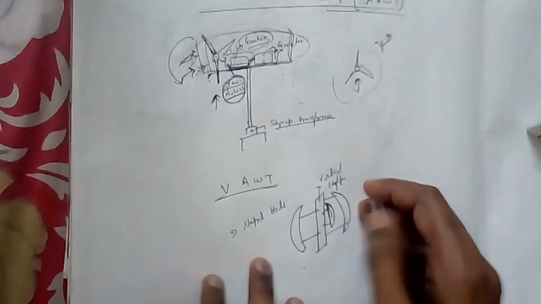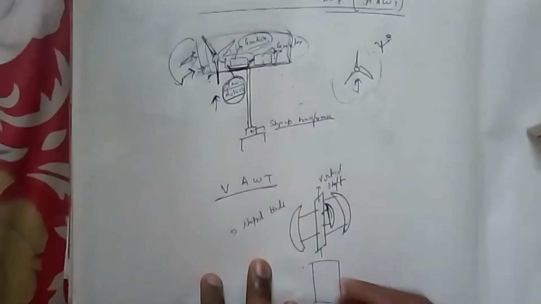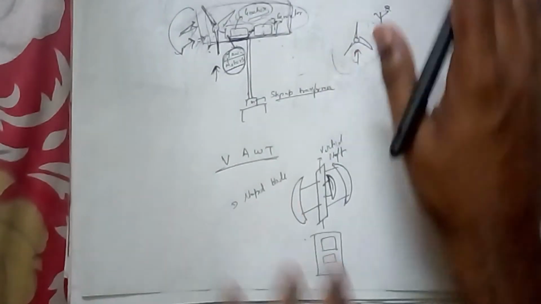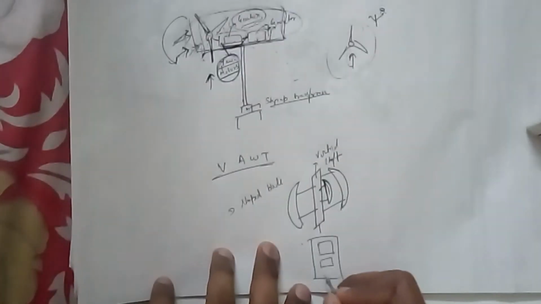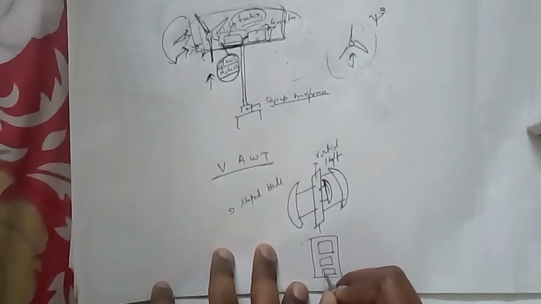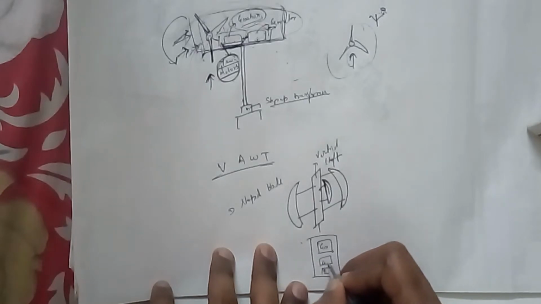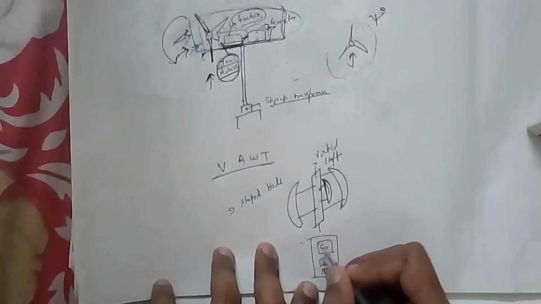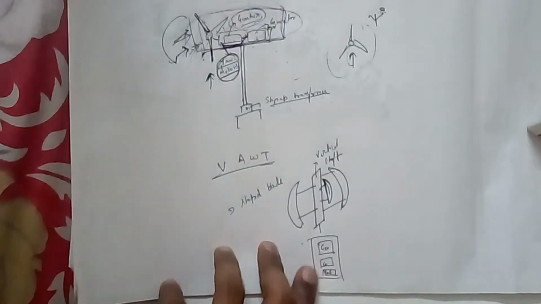This is your vertical shaft, the same thing. One gearbox, one generator, and one battery. Gear, generator, battery. Same one: gearbox, generator, and battery.